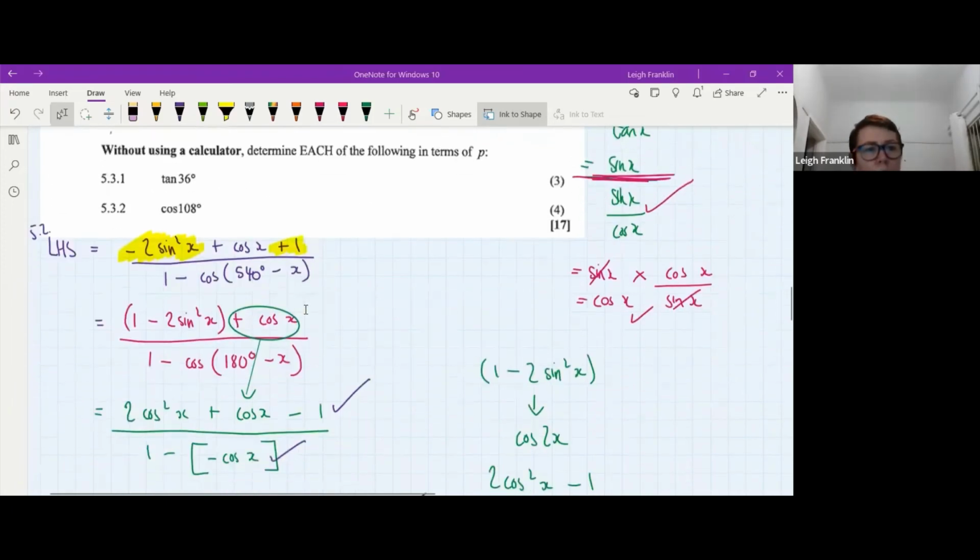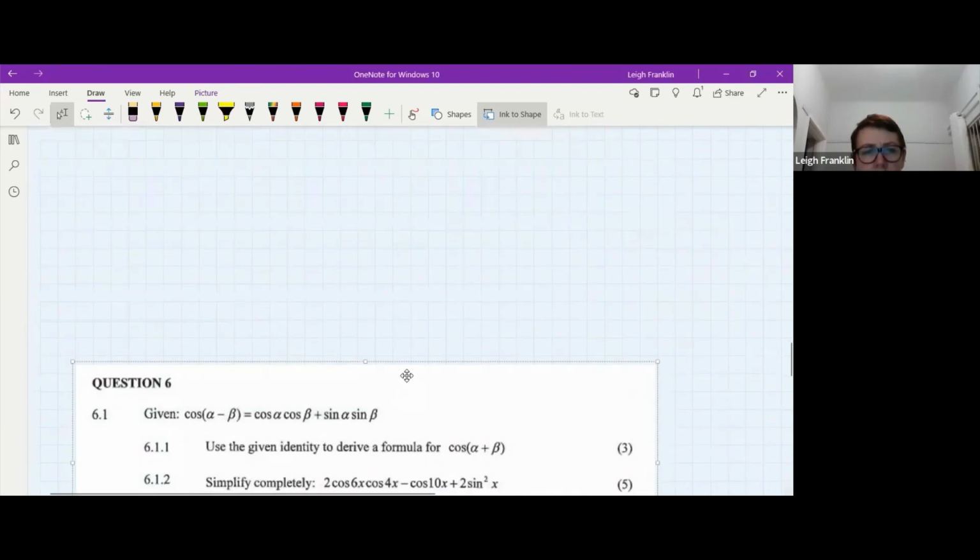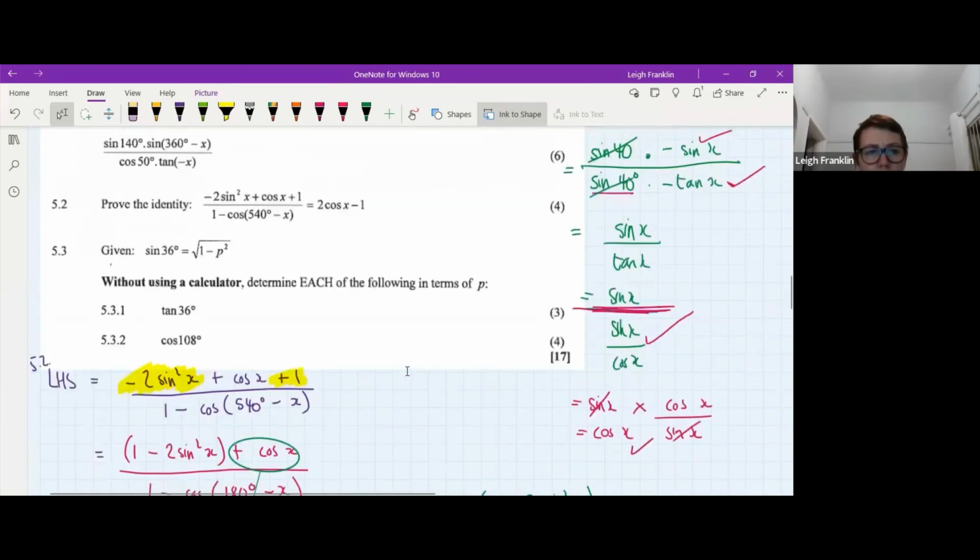With this question, where is our starting point? Sine 36 is 1 minus p squared. We have to do one of 2 things for this question. Can anybody tell me what they are? Absolutely. Draw a diagram.